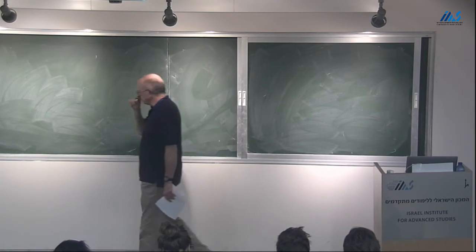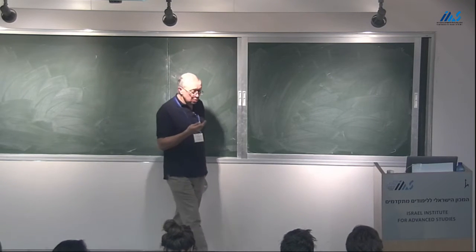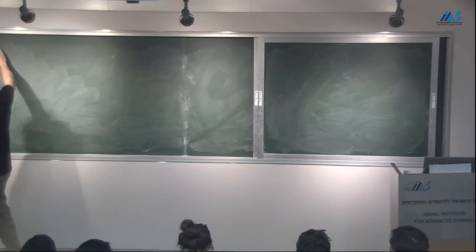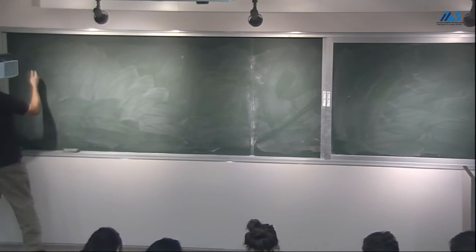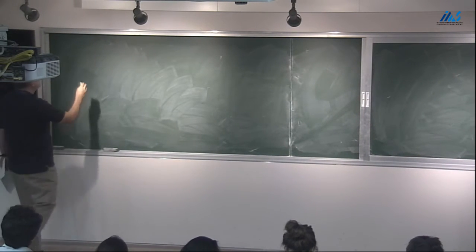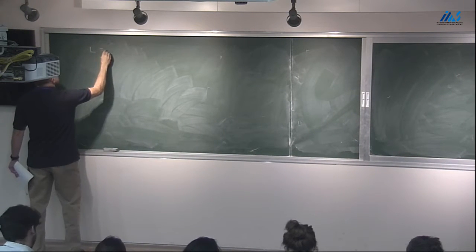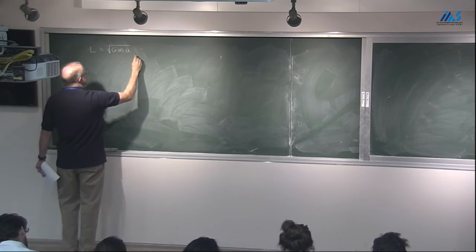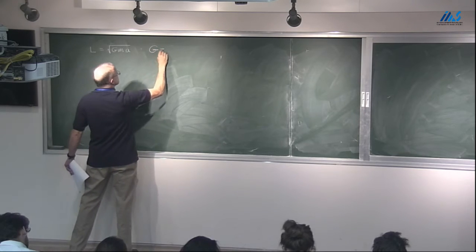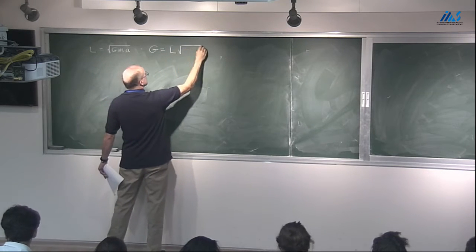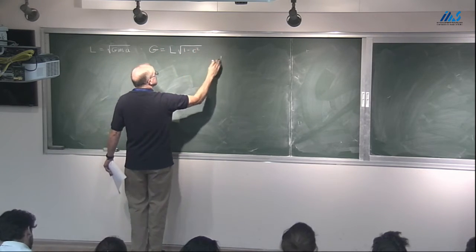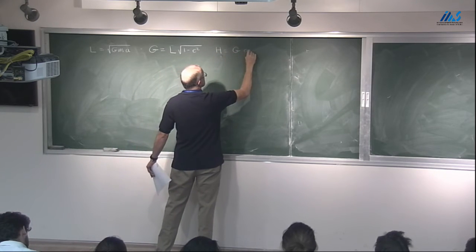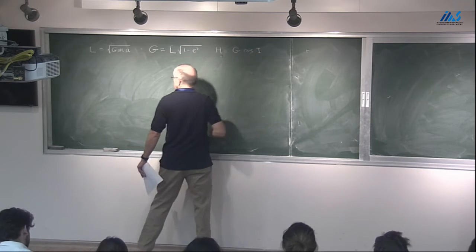Okay, so I'm going to talk about the use of Hamiltonian theory to do celestial mechanics. And as I introduced yesterday, I'm going to try to work with Delaunay elements. So just as a reminder, those are L, the square root of G, mass of the central body times the semi-major axis, G, which is L times the square root of 1 minus e squared, and H, which is G times the cosine of the inclination.